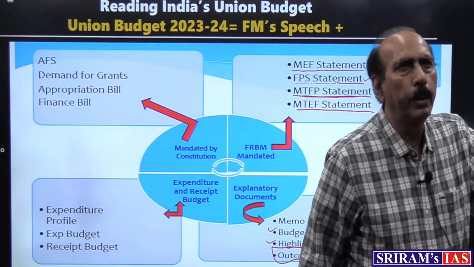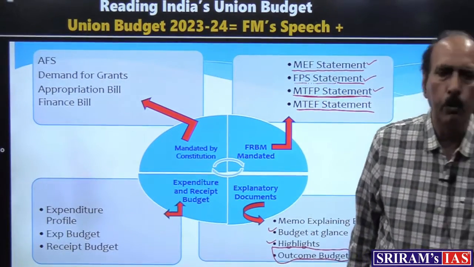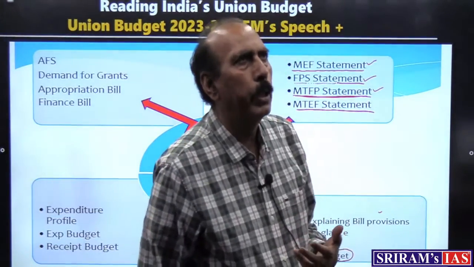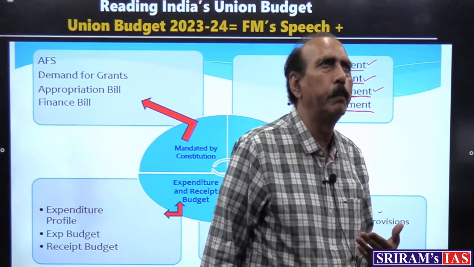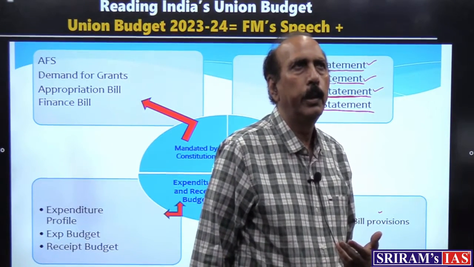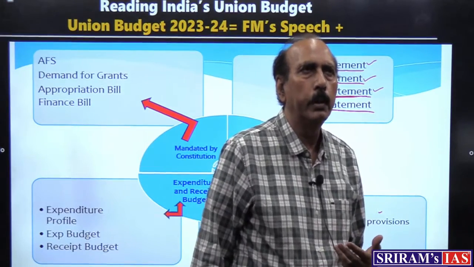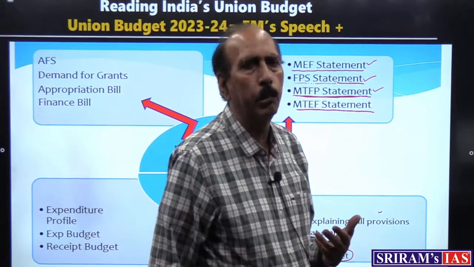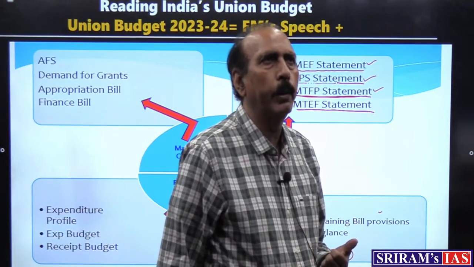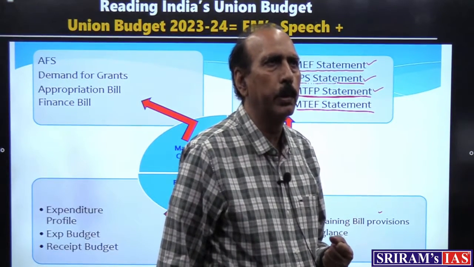From 2006-07 onwards, the government decided that every penny spent by the government has to have an outcome, has to have some explanation of where that money has gone. And that's why the outcome budget is presented.